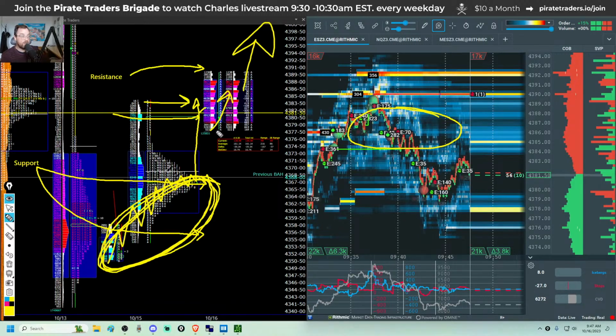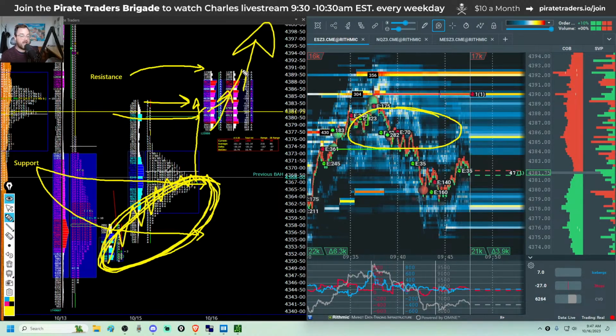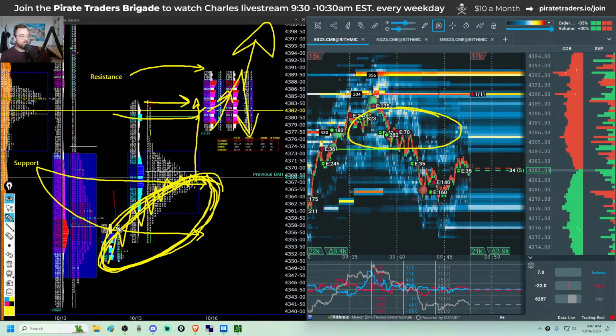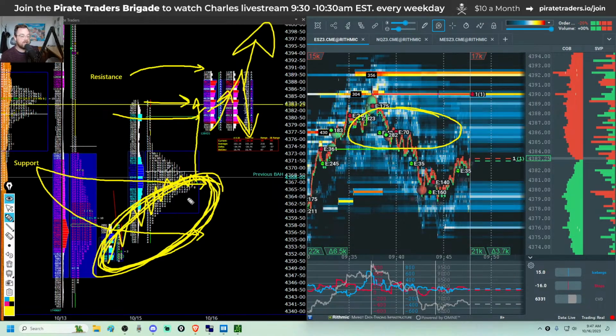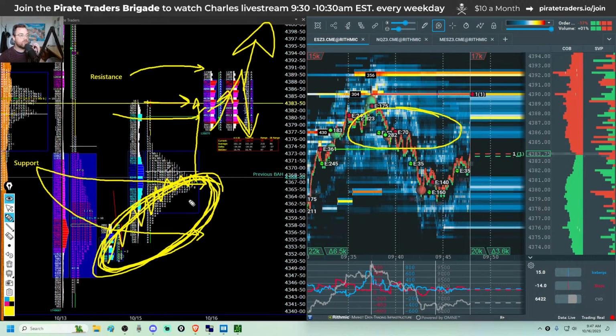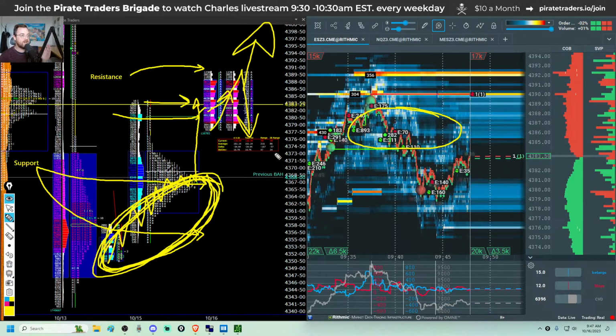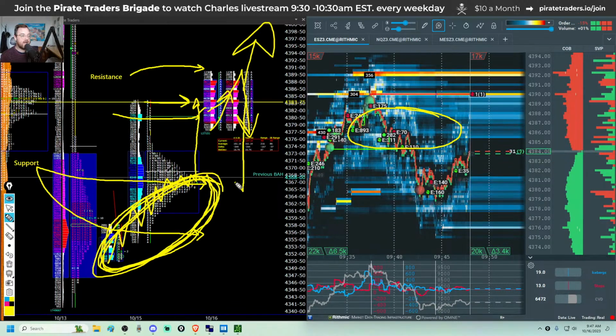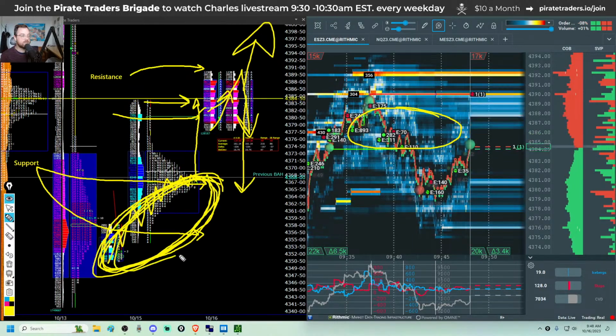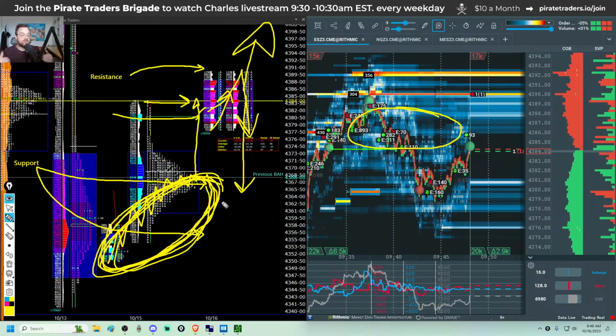Whereas if we do what we literally just did, you go above that overnight high and you pull back down in, well, now all these long participants from the overnight, from the weekend, are starting to get a little nervous, right? They're starting to be like, ooh, is this trade going to work? Is the US going to take the market higher today or not? So slowly but surely, they're starting to get squeezed. And so we're waiting to find out, as they pull back down into this support again, do US market traders step in at those levels?